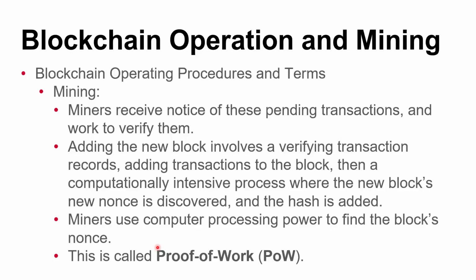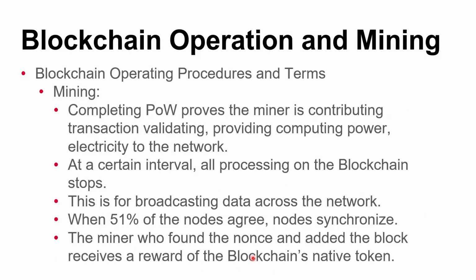The miners use computing processing power to find that nonce, and this is called the proof of work. Completing the proof of work essentially proves that the miner is contributing transaction validating, and providing computing power and electricity to the blockchain network.